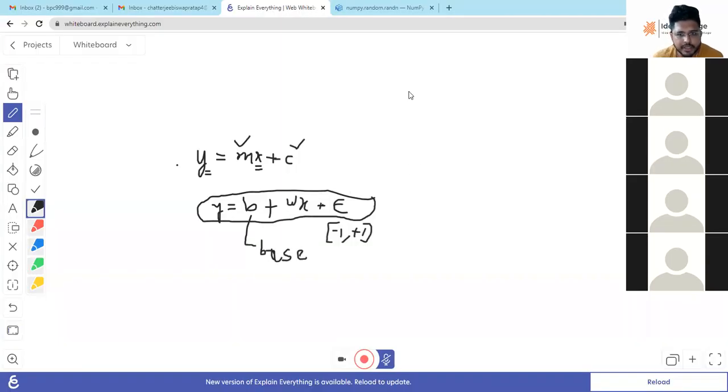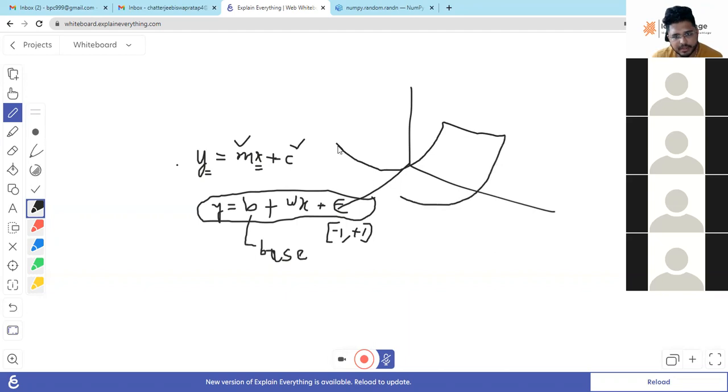Okay, so here is my 3-dimensional graph, right? This is the linear regression. This is B, this is W, and this is loss. I wanted to reach here.